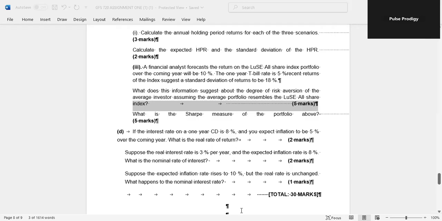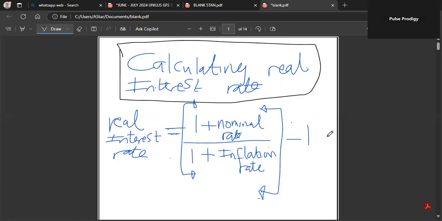So for those who are just joining in, we haven't really gone that far. We are just looking at calculating the real interest rate using this formula. This formula is very, very important for you to use when calculating the real interest rate: 1 plus nominal rate over 1 plus inflation rate, whatever you do, minus 1.